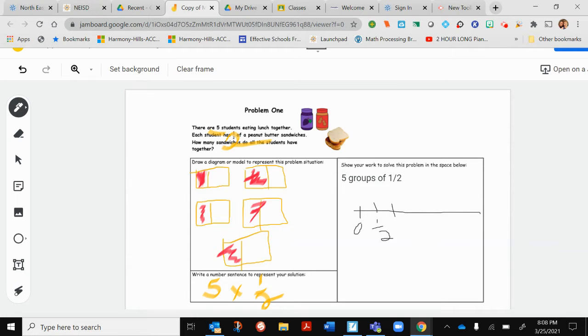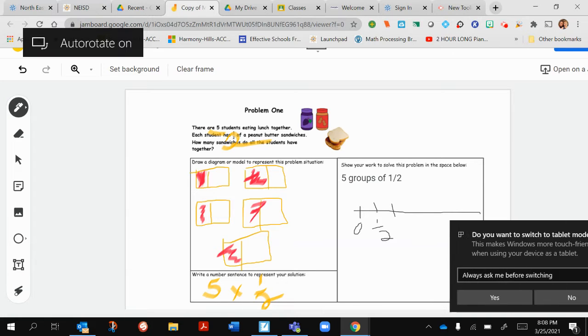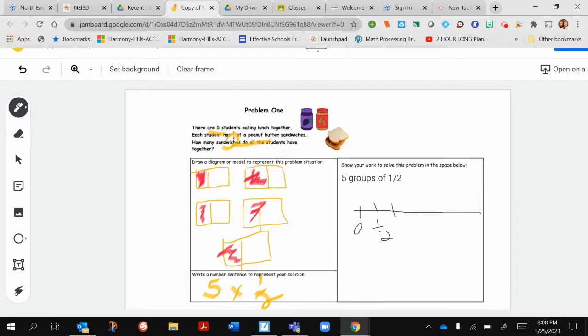Oh, yay, it does. So I have 1/2, and then 2 halves, which is 1 whole. And I have 3 halves, and 4 halves, which is 2, and then 5 halves.